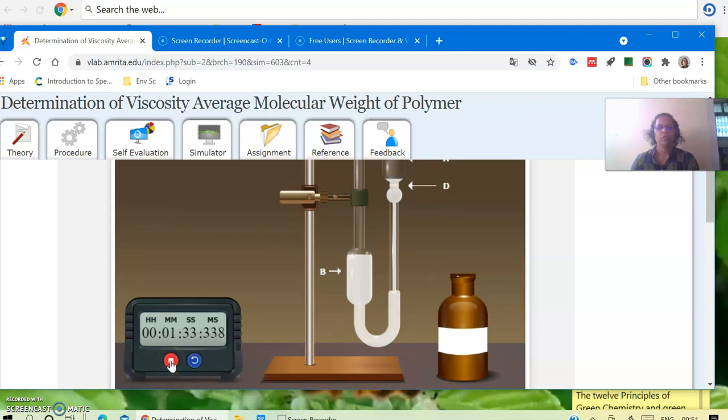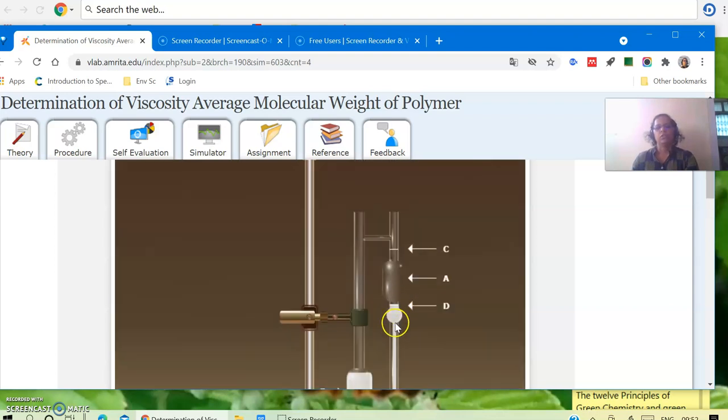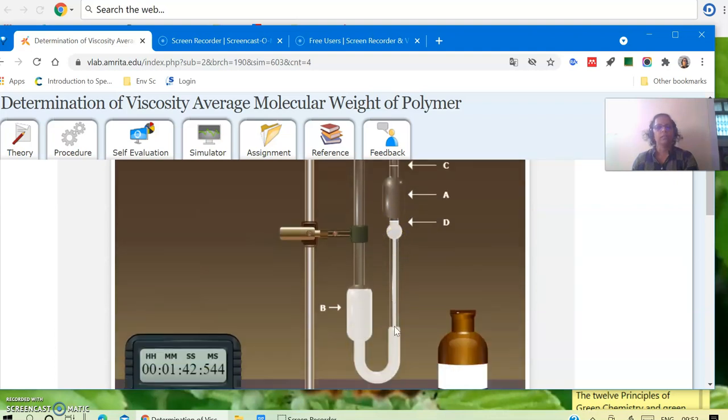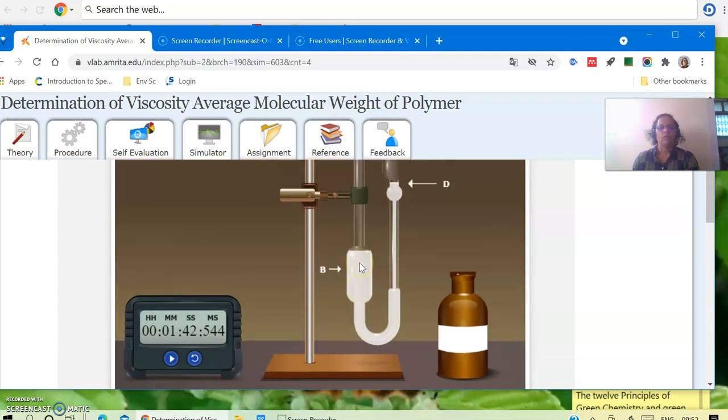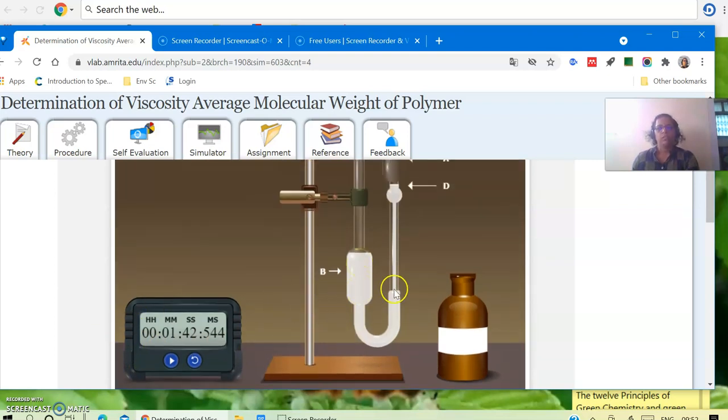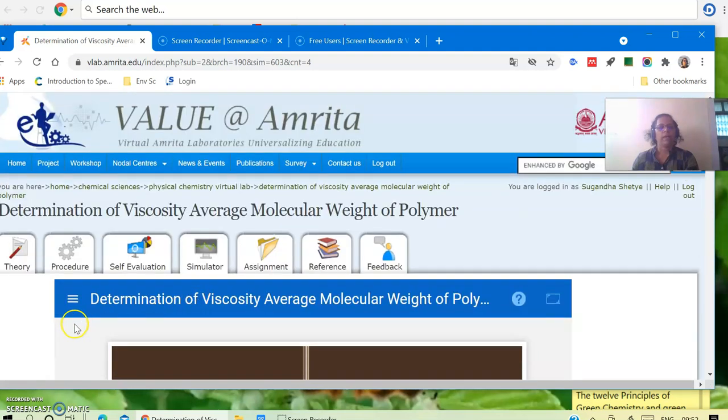Ready to stop the stopwatch. So we are reaching D. See, earlier it was 1 minute 27 seconds. Now it has taken 1 minute 42 seconds. That means the polymer solution is much denser than the simple solvent. Like this you will record the times for the flow of the polymer solvent system at different concentrations by resetting.